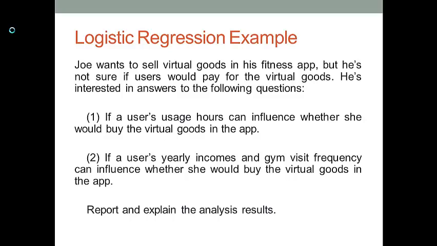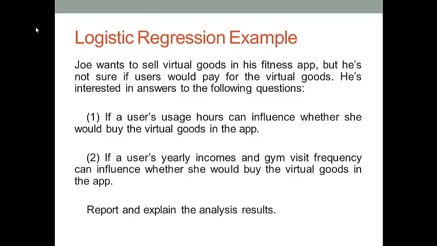As we discussed in the previous lecture, Joe could have a 2 million user population. It's impossible for him to study the entire population. That's why we drew a sample of 100 users. We asked each one of them, would you pay for the virtual goods if we offer such an option?